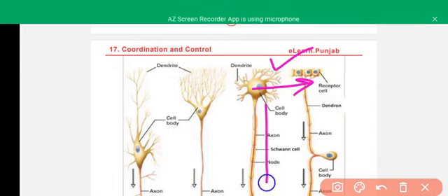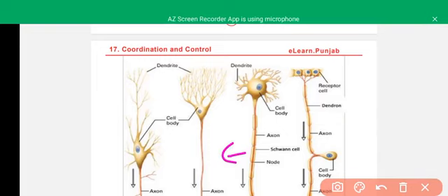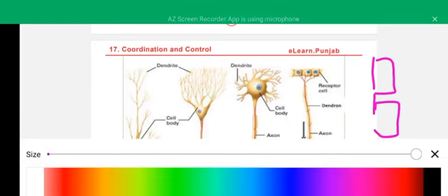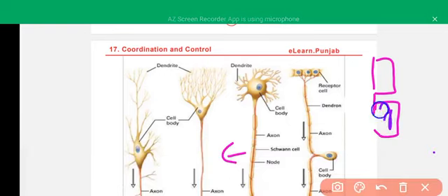And here is the axon that takes the message away from the cell body. Here is the myelin sheath over it. And here are the nodes where there is no myelin sheath. Here is the myelin sheath. Here is no myelin sheath. Here is the myelin sheath. And from it the nerve impulse jumps from one node to another node.